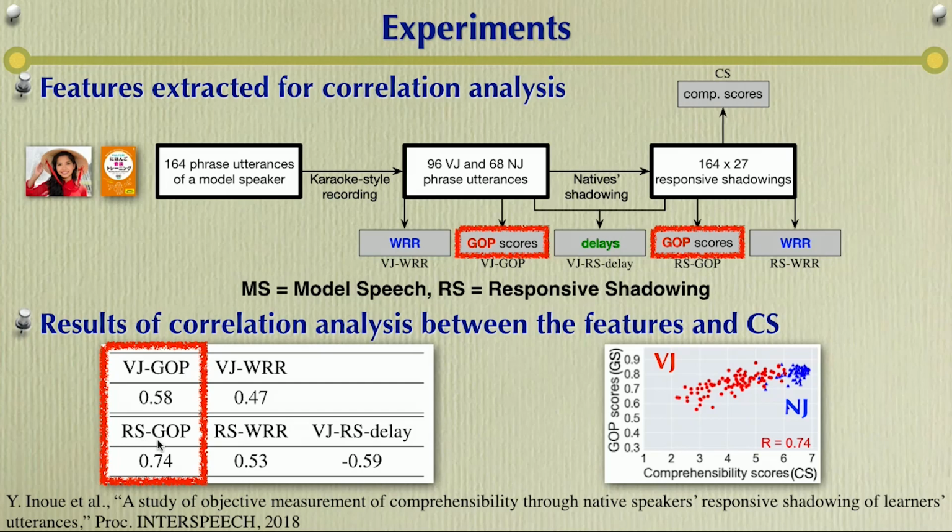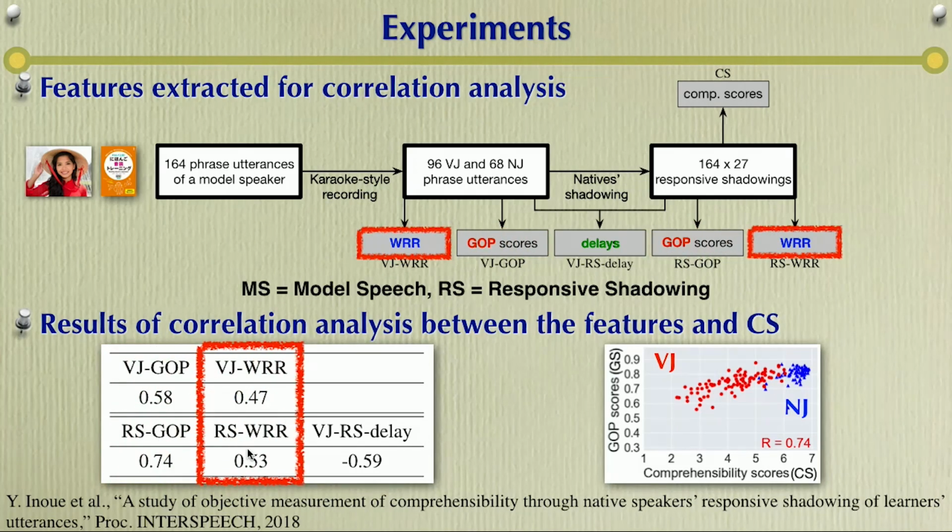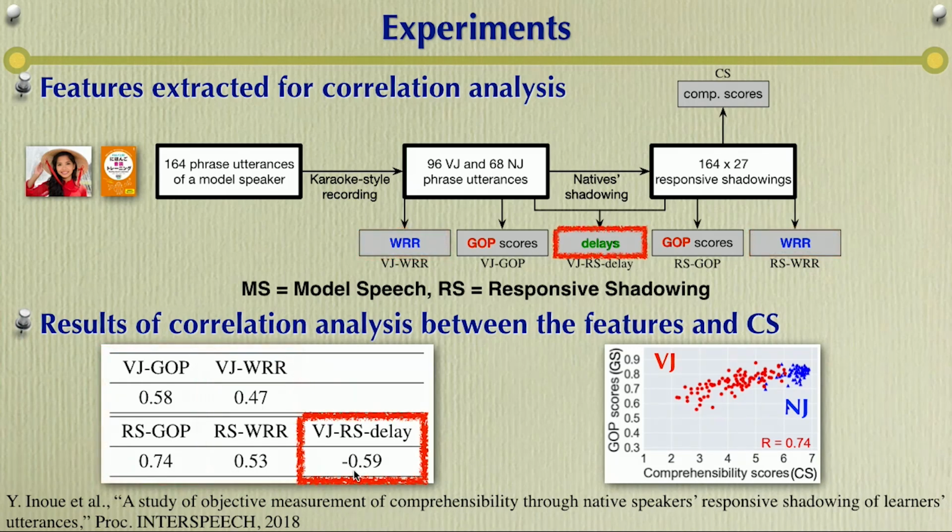Yeah, so this is a native likeness score from broken shadowing utterances to native smooth shadowing, right? Yeah, 0.74, much higher. And if we use word recognition rate, reverse shadowing showed higher correlation. And delay is not bad. Okay. By combining these features, correlation can be improved.